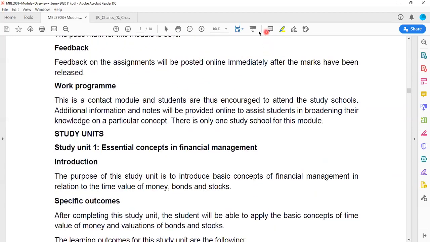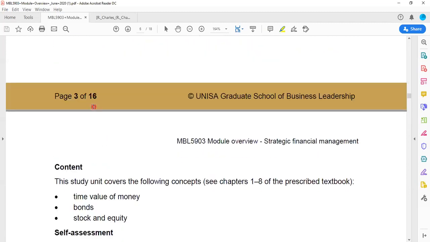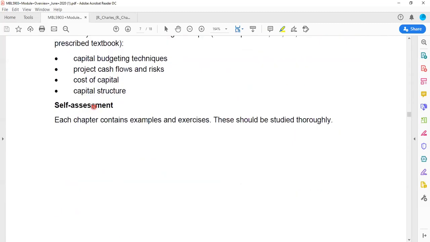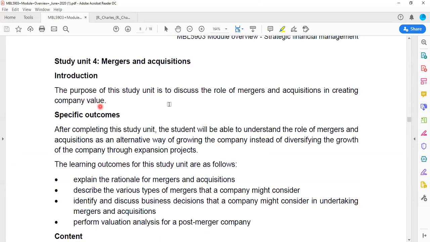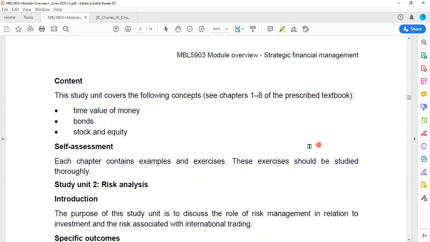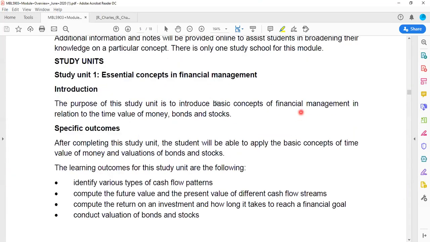So you'll notice that this module is divided into key study units, and all in all it consists of 4 study units. As we go through those study units, we'll be using assignment questions as examples.